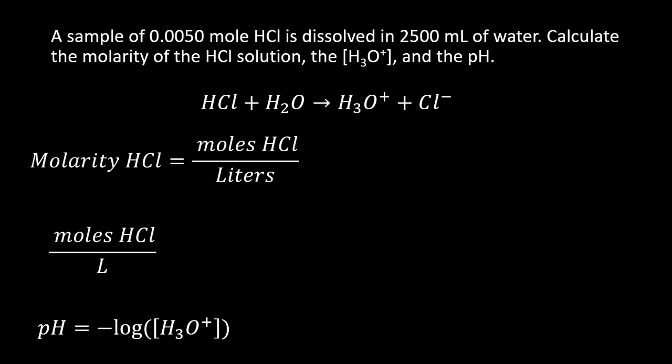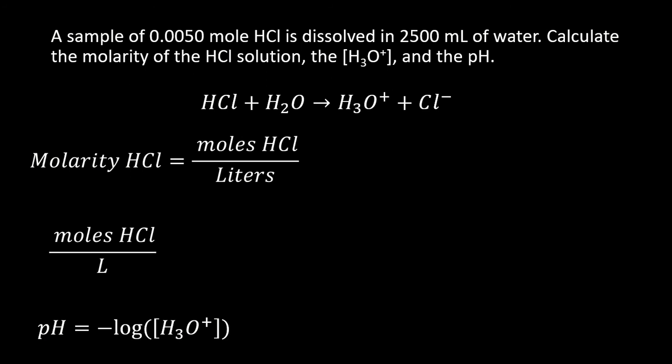Whenever we have brackets with something in it, we're actually talking about the molarity of that thing. And molarity of whatever you're talking about is really just moles of something divided by the volume it is dissolved in. So let's look at some example problem that you'll see in your lab worksheet.